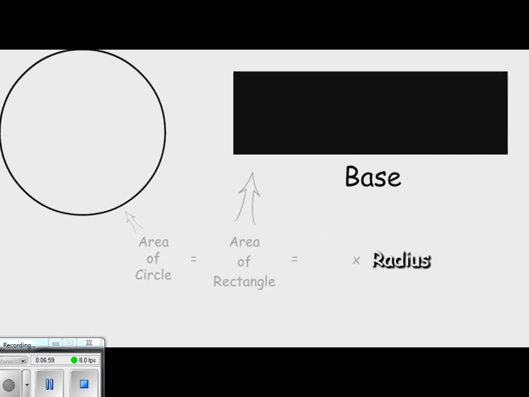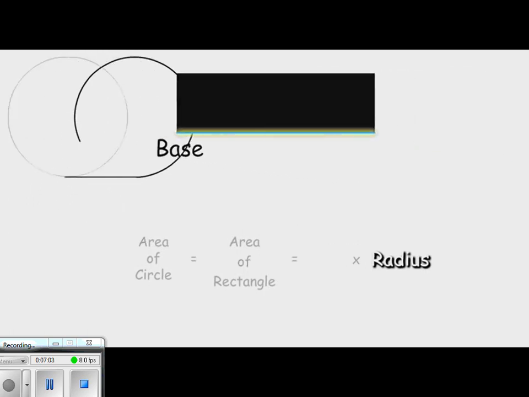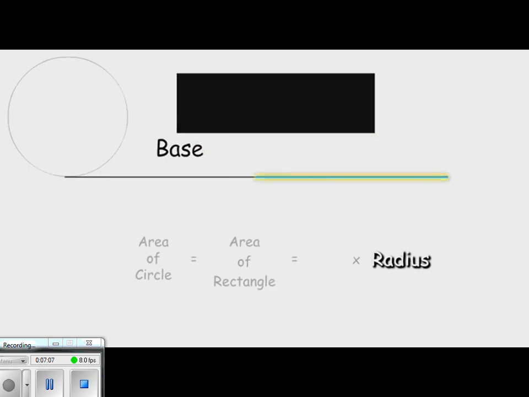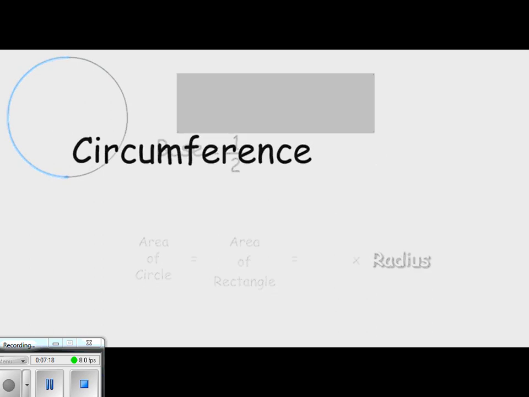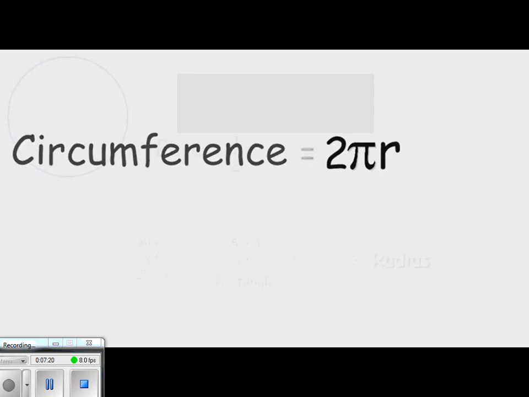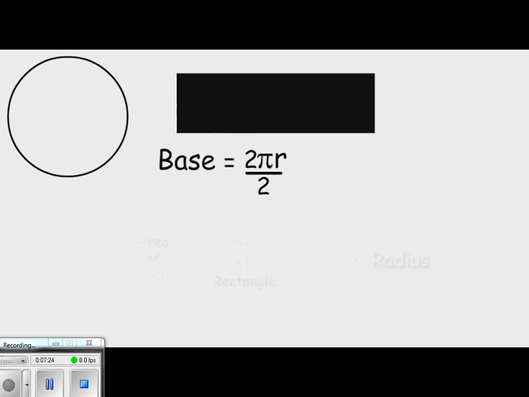To find the base, we need to look at the circumference of the circle. And when we compare the base and the circumference, we can see that the base is equal to 1/2 the circumference. Remember that the circumference is equal to 2 pi r. When we combine it with 1/2, the 2's cancel out, and the base is equal to pi r.